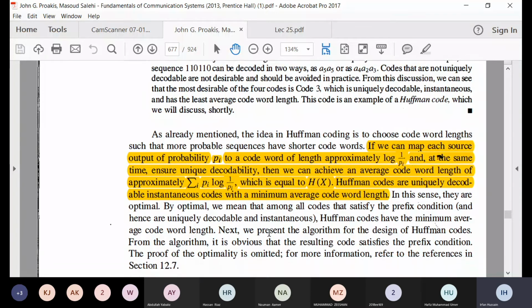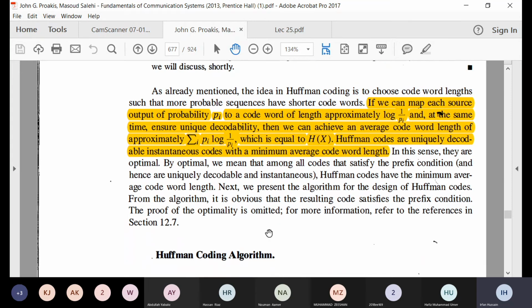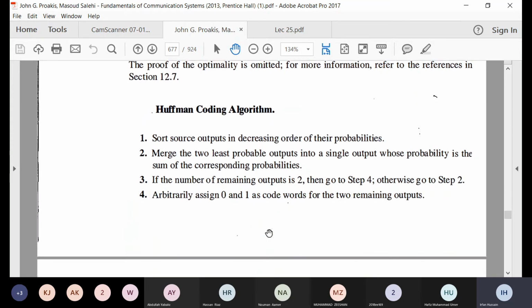So they are optimal. They are unique because they are instantaneous, and they have the minimum average length among all codes. They also satisfy the prefix condition and all that.